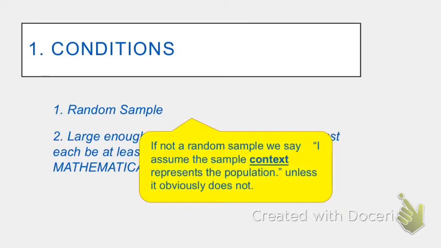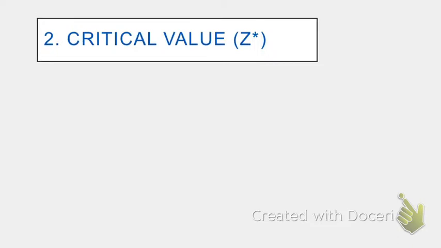The next thing that we're going to check is the critical value. It's called a Z-star, and that is the number that is associated with your confidence level. So if you're using a 95% confidence level, then it's going to fit a specific Z or critical value. I'm going to show you how to do that in the calculator.